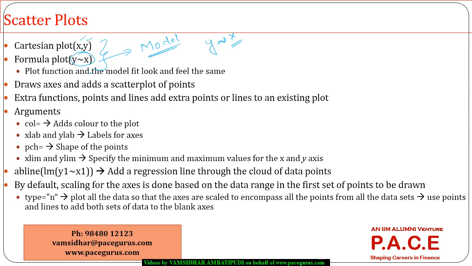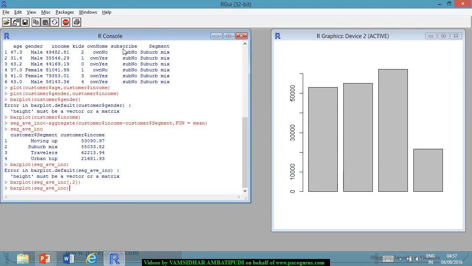So typically when we are using the plot function, it looks more and more similar to that of a model. That's the reason sometimes people prefer this kind of plot compared to the other one. By default, when I'm using the plot function, the axes are drawn and a scatter plot of the points is done. This is what we have seen earlier, right?